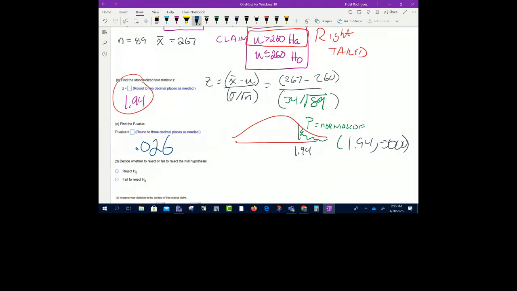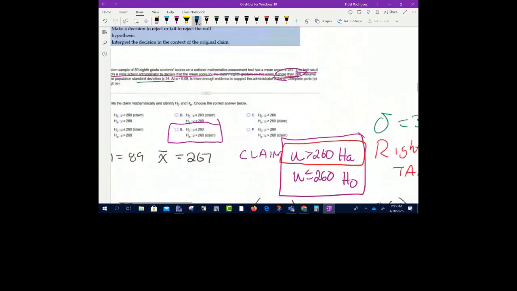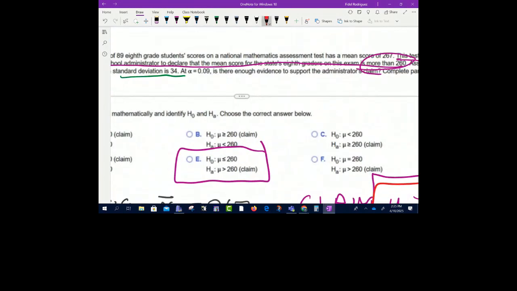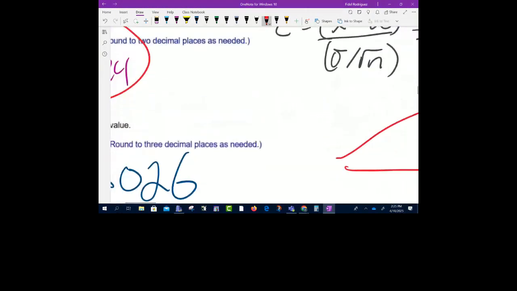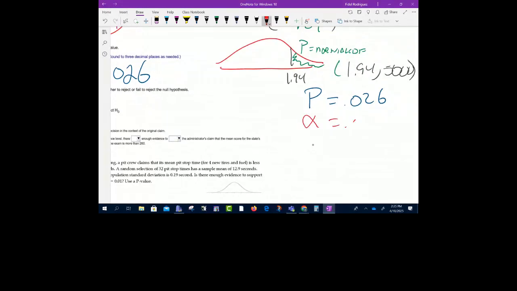Okay. Now, we have to decide, are we going to reject or fail to reject? So let's do this. Look, P is 0.026, right? What was our alpha in this case? Alpha was 0.09, right? So let's back up. Alpha is greater, but remember the way we do it, we always ask ourselves, is P smaller than alpha or is P bigger than alpha?